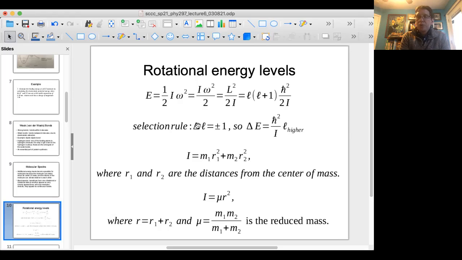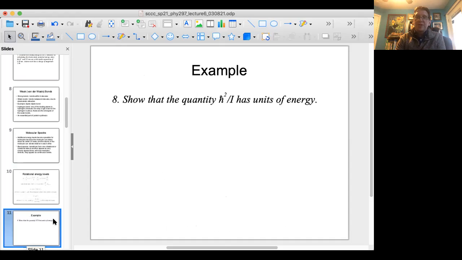And so mu is the product of the two masses divided by the sum of the two masses, and then r squared is the distance between them. So you don't need to know the location of the center of mass, or go through the trouble of determining that. You can figure out mu and you can figure out r squared, and that'll give you the moment of inertia. And so you can use those to figure out the rotational energy spectrum.